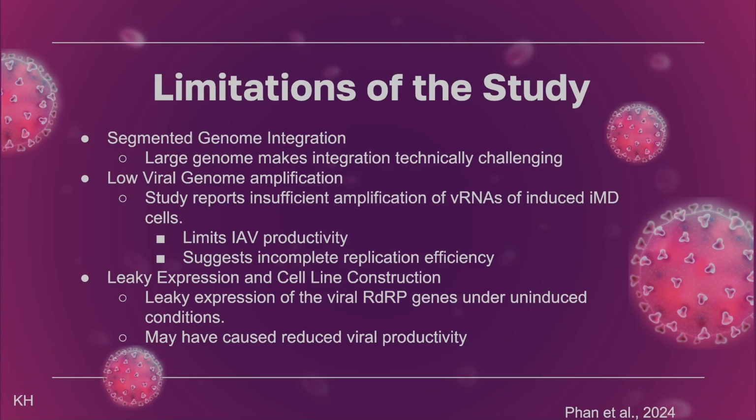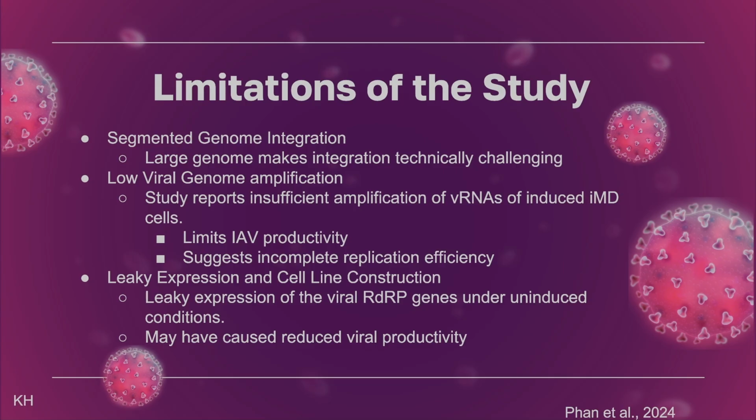Going into the next limitation of low viral genome amplification, I particularly want to mention the induced IMD cells that showed insufficient amplification of viral RNAs. The limitation directly affects the influenza A virus productivity throughout the paper, which suggests that the process that was implemented is maybe incomplete or was not at its most optimal level.